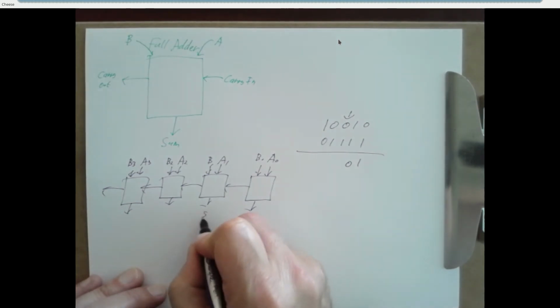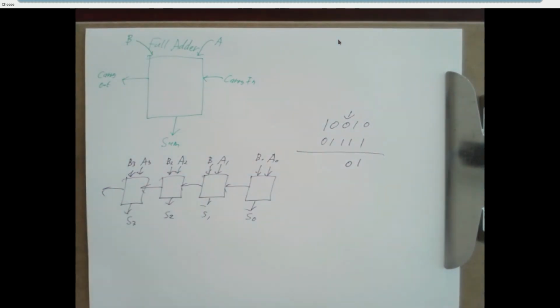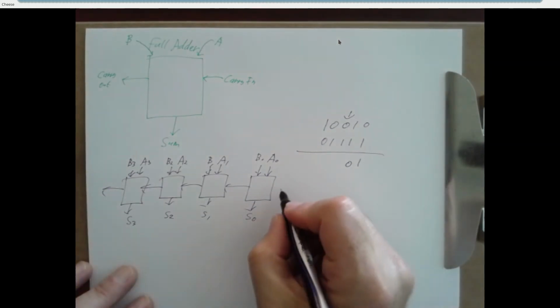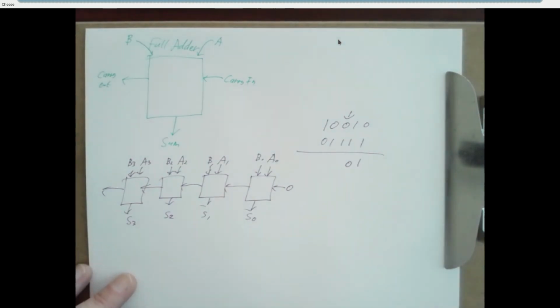And here's sum 0, 1, 2, 3, and a final carry bit coming out. And this original carry in is 0, just like it is over here. The first digits that we add, we just add the 2 digits without an extra carry.